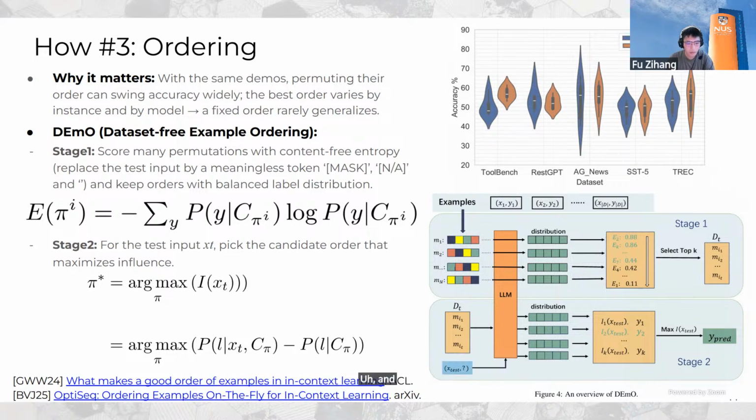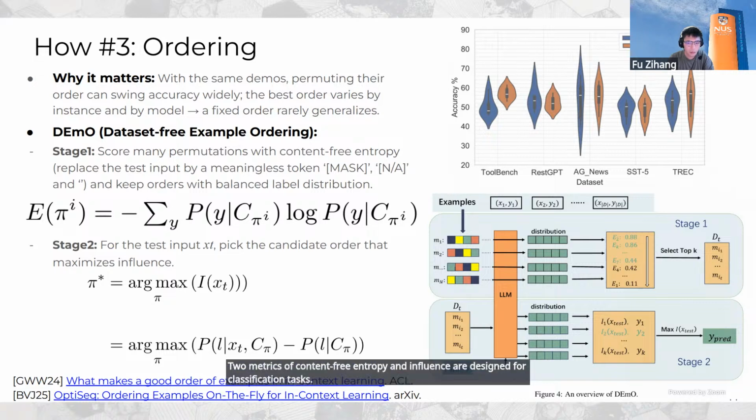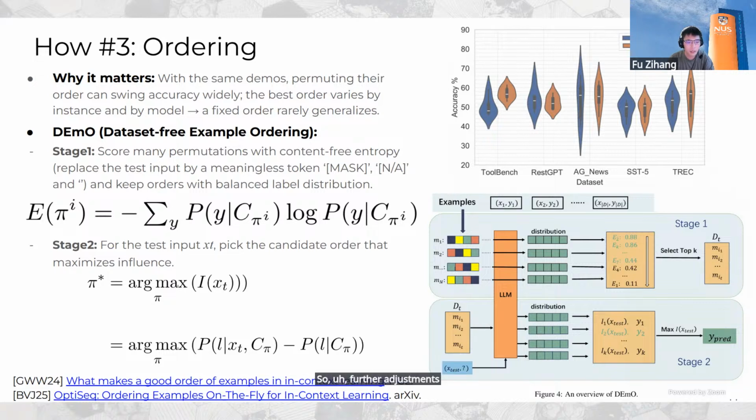Intuitively, stage one finds orders that look reasonable in general, and stage two finds the order that helps the input most. But the limit is that the two metrics of content-free entropy and influence are designed for classification tasks. So further adjustments are required if we want to generalize them to other tasks.